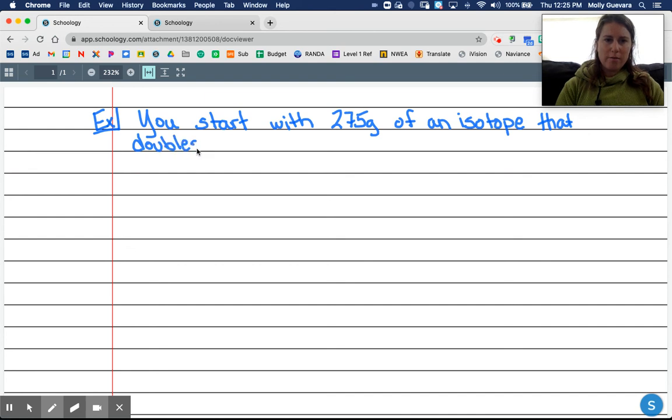So instead of cutting in half, it multiplies by 2. So this doubles every week. Okay, how much would you have after 21 days?